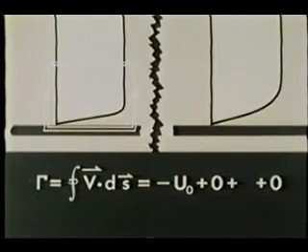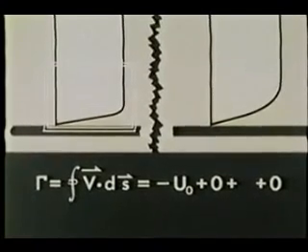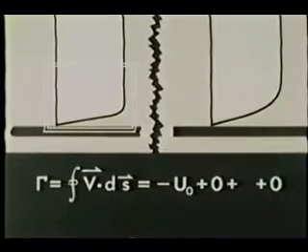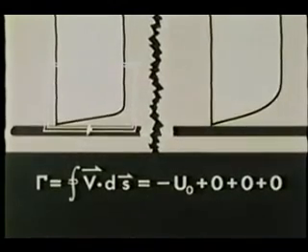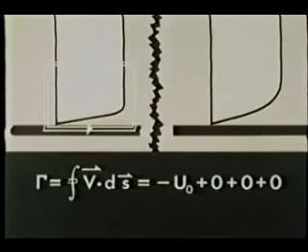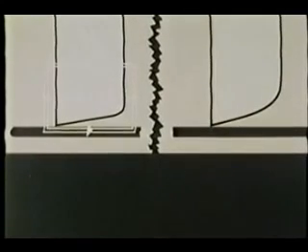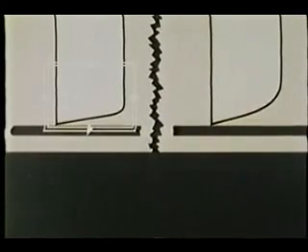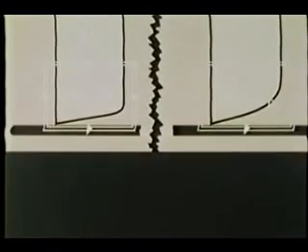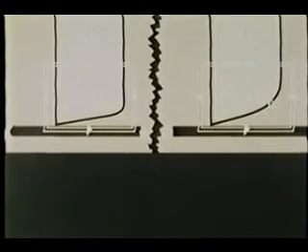Because there is no slip, the velocity contribution to the circulation at the surface is in fact zero. Therefore, the circulation is minus the free stream velocity times a unit length. Downstream, the circulation is also equal to minus u0 times the unit length. The total amount of vorticity within each contour is the same.